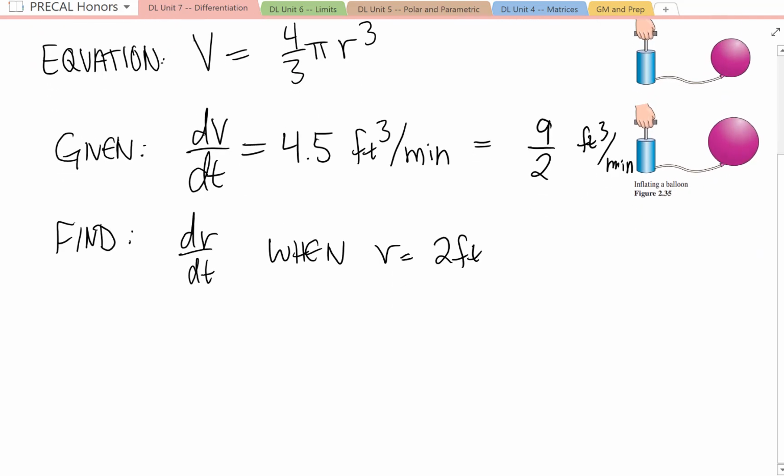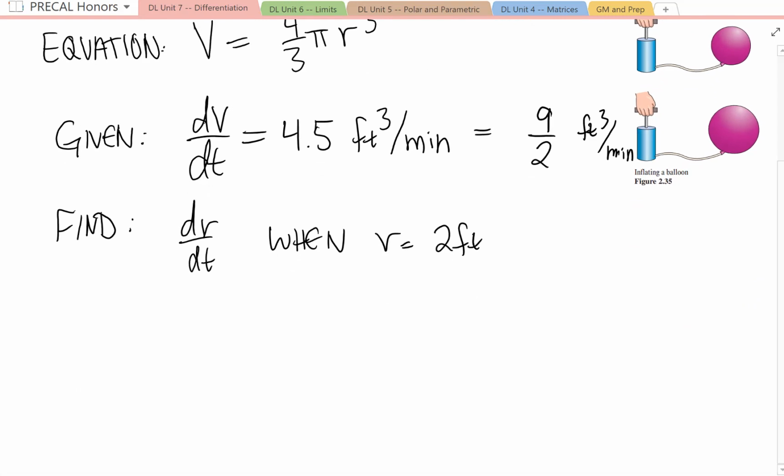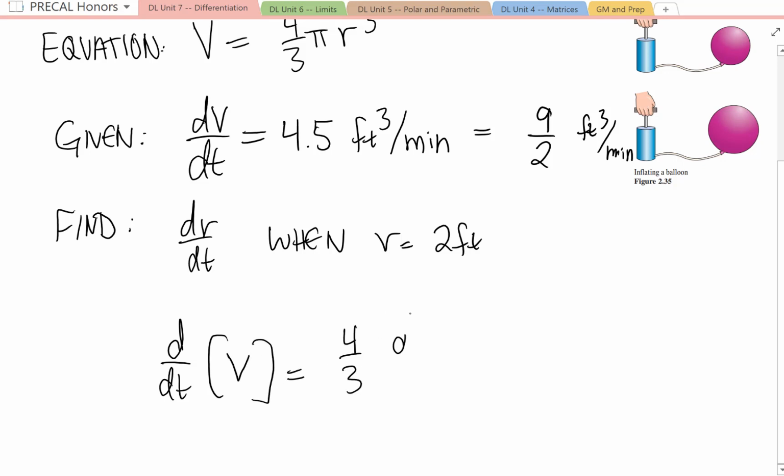We'll begin by implicitly differentiating the equation with respect to t. The derivative of the volume with respect to t is 4/3 times, pi is also a constant, 4/3 pi times the derivative with respect to t of r cubed.